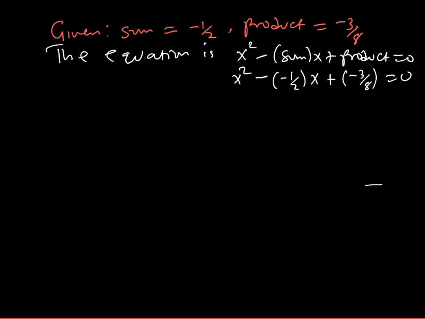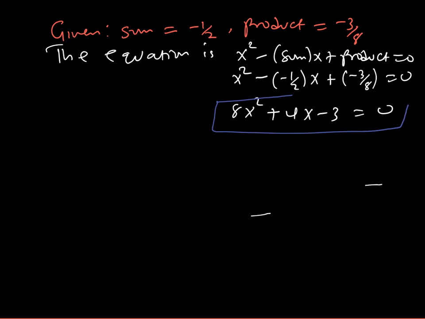You can multiply through by 8 and you have 8x squared plus 4x minus 3 equal to 0. This is the equation whose sum of roots is minus a half and the product of roots is minus 3 over 8.